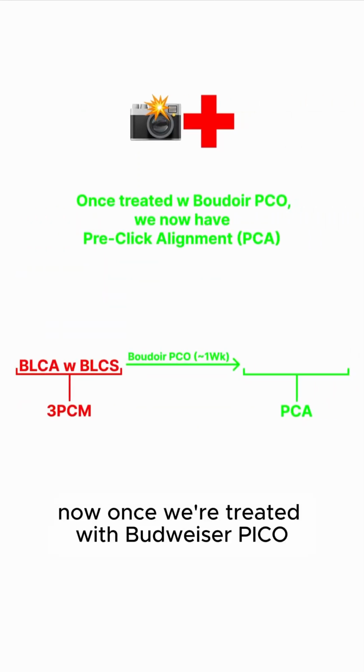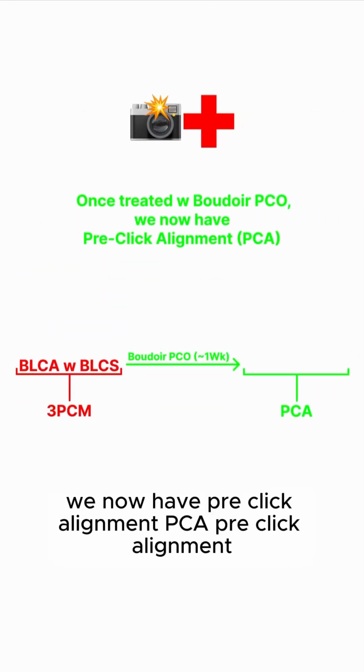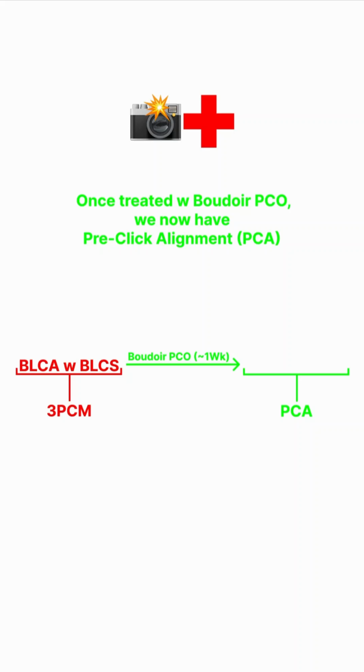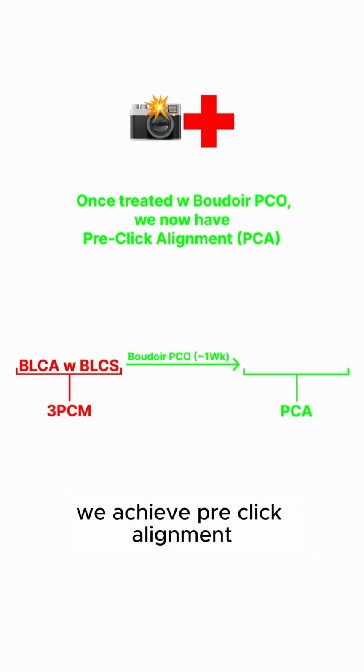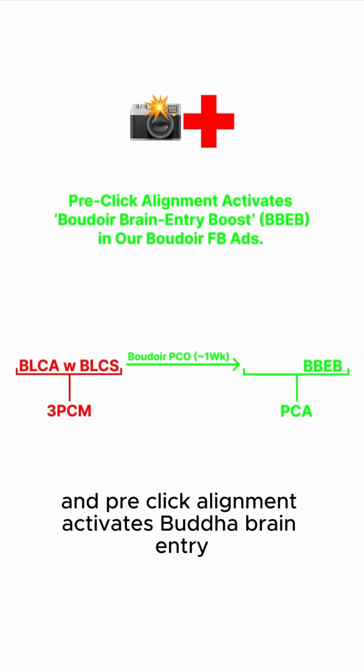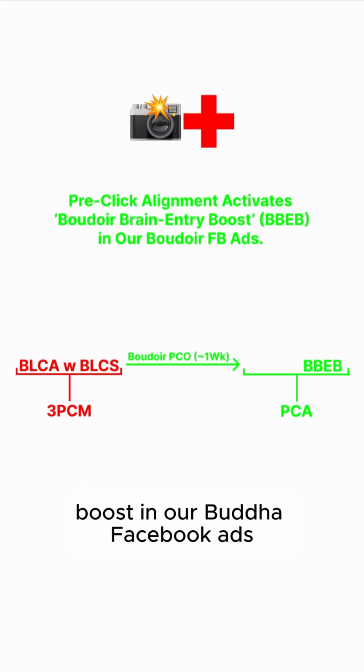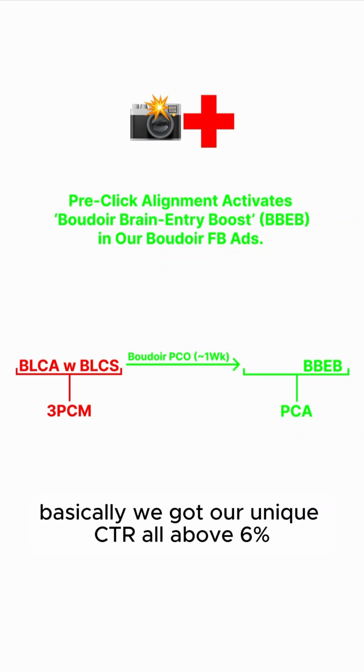Once treated with Boudoir PICO, we now have pre-click alignment, PCA. So we got rid of the 3 pre-click mistakes and achieved pre-click alignment. And pre-click alignment activates Boudoir brain entry boost in our Boudoir Facebook ads. Basically, we got our unique CTR above 6%.